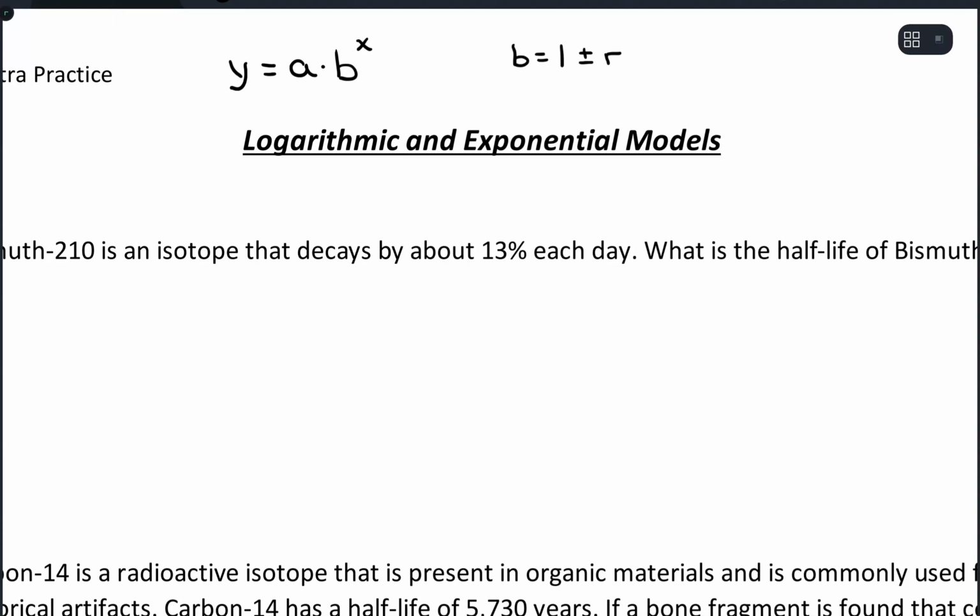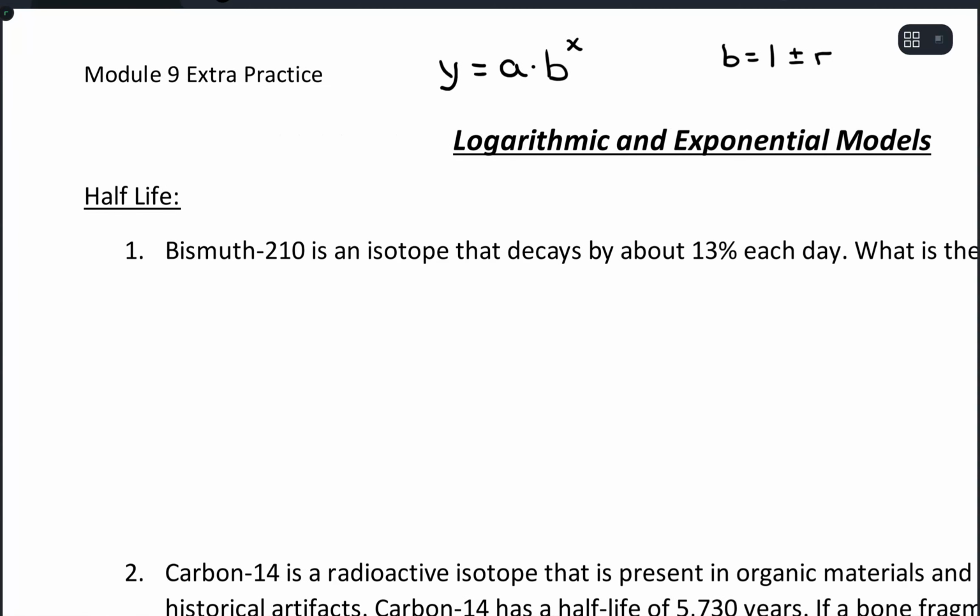And then what we're also going to look at, so with half-life, there's also a formula specific to half-life. So how this goes is y equals a, so we still have some initial value. But then for this growth or decay factor, we're going to use 1/2 or 0.5, because that would represent half being taken away.